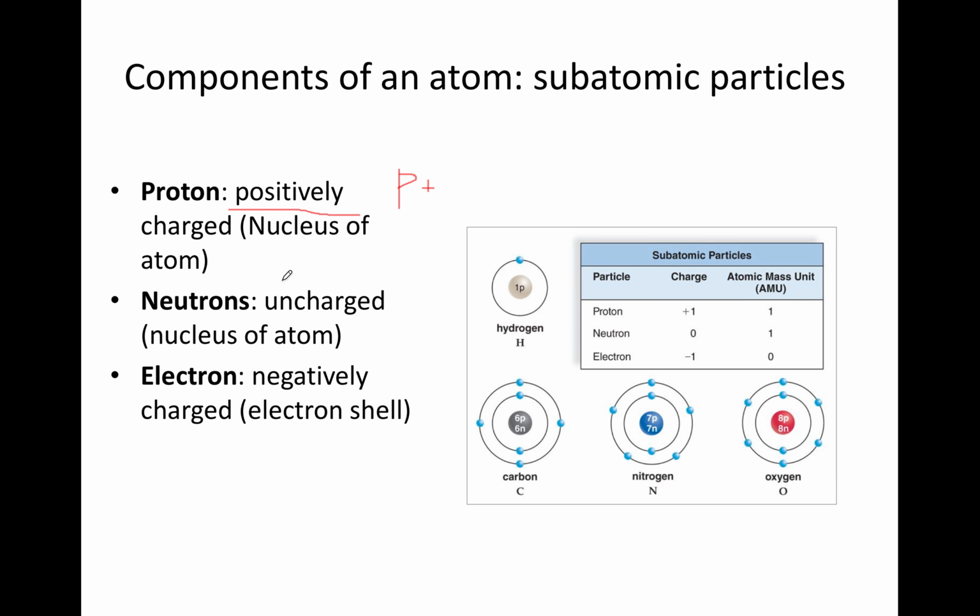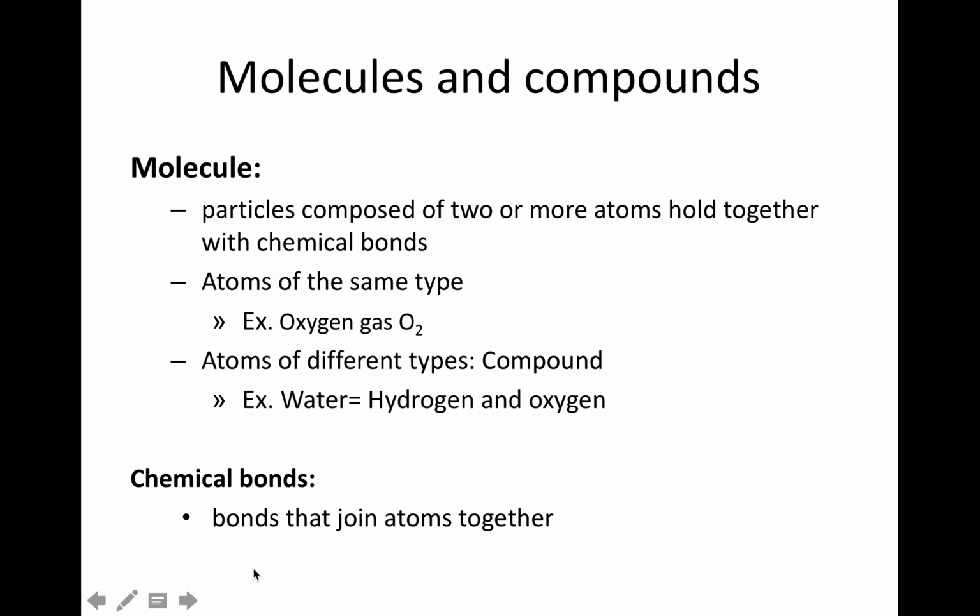Neutrons implies neutral, meaning no charge, and the way I represent it is a zero with a line going through it. The only charge remaining is the electron, which has a negative charge. That's all you need to know for subatomic particles.